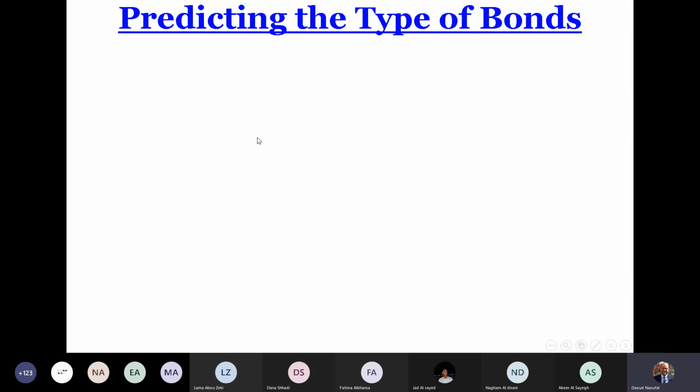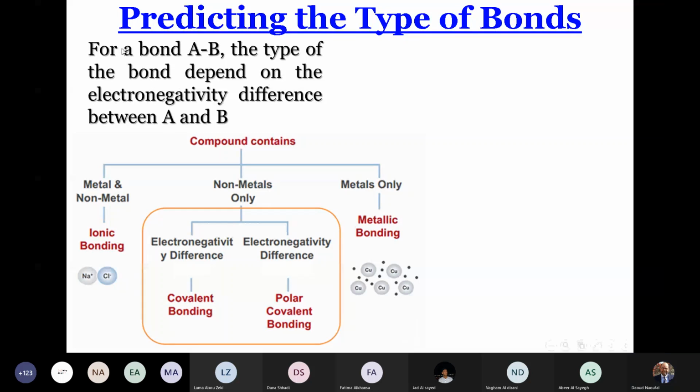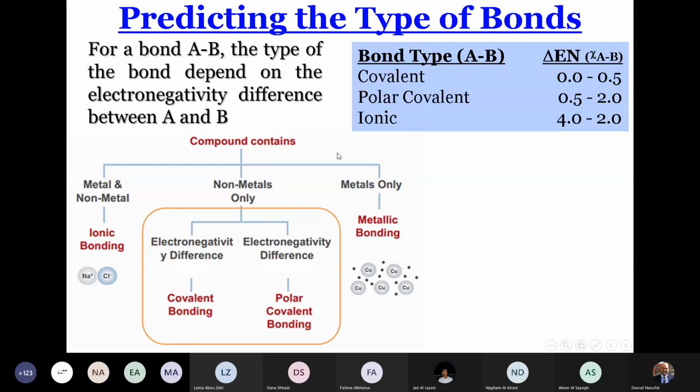As I said, the electronegativity of an element is very important in order to predict the type of bond. So for a bond AB, the type of the bond depends on the electronegativity difference between A and B. If the difference, noted delta EN or simply ΔXAB, is between 0 and 0.5, the bond is covalent.